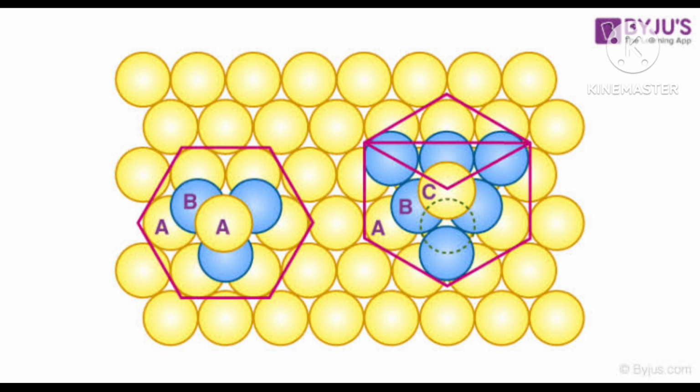In which metal crystal is this type of arrangement there? You will find this sort of arrangement of atoms in many metals, like magnesium and zinc.